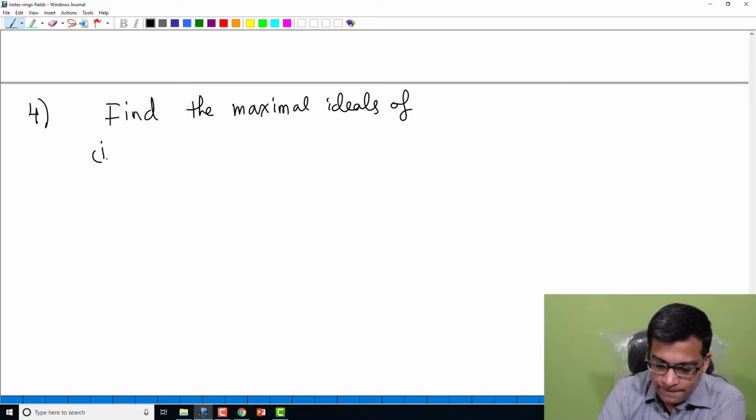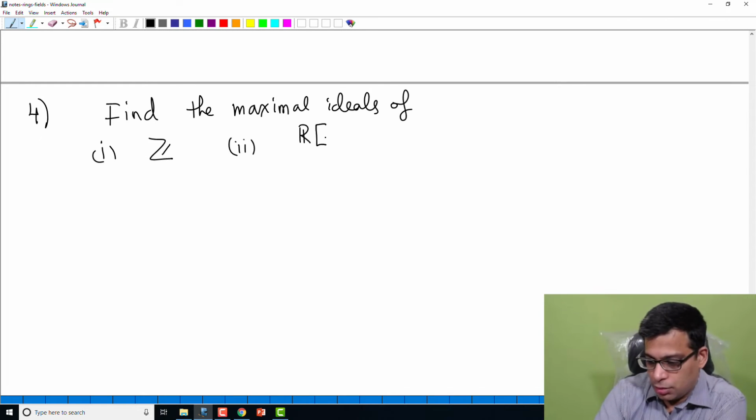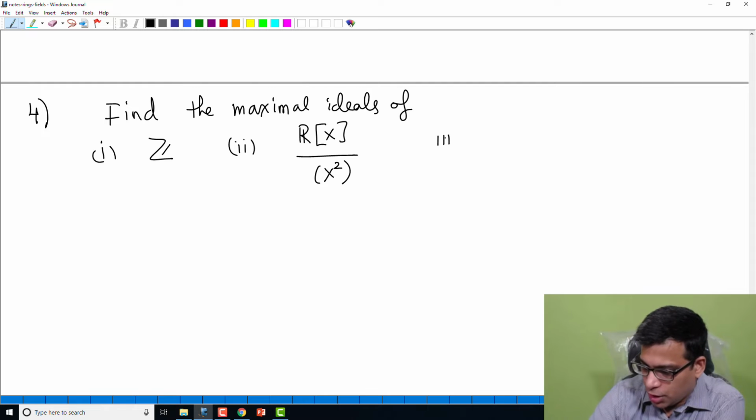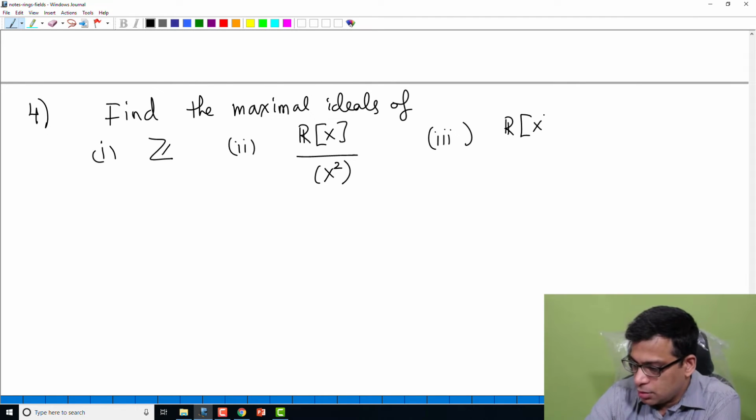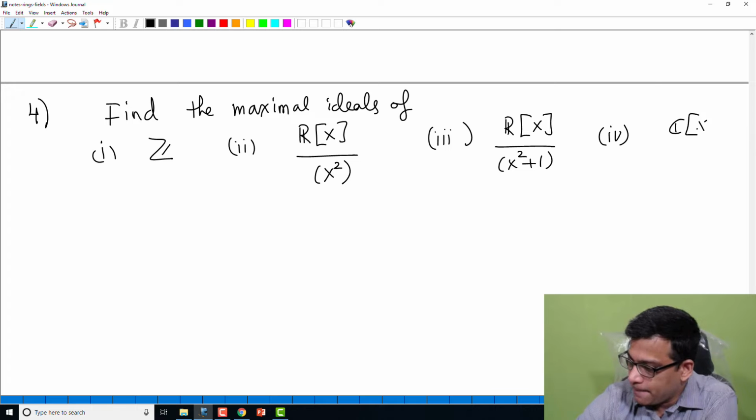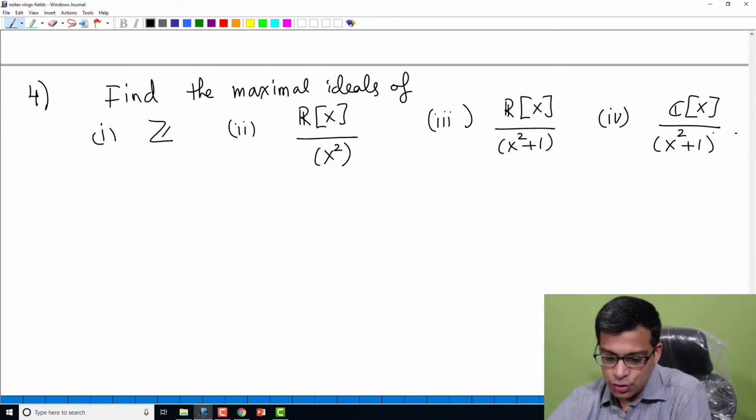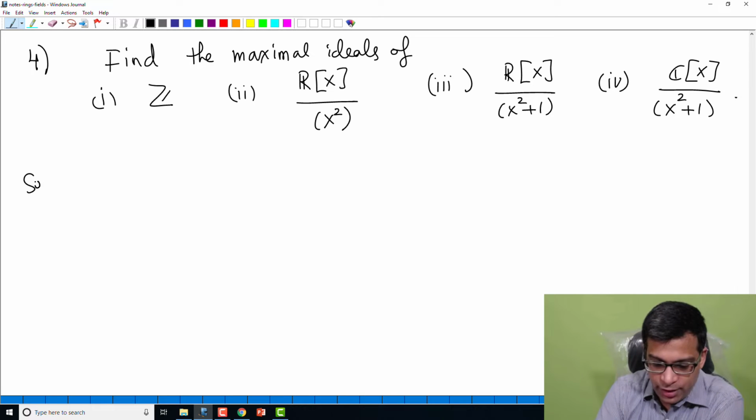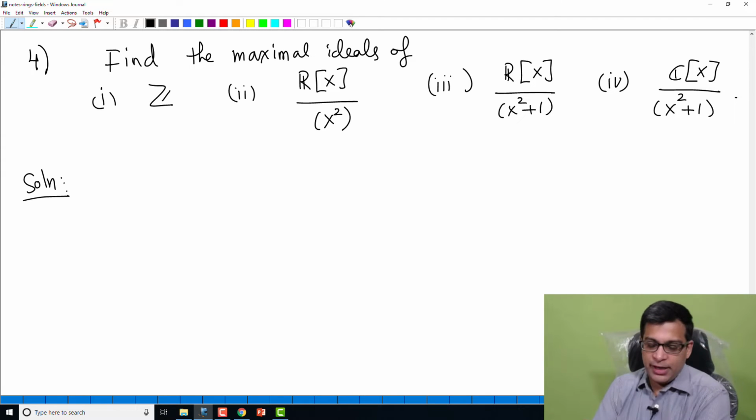So 1, Z; 2, the quotient ring R[x] mod x squared; 3, the ring R[x] mod x squared plus 1; and finally 4, the ring C[x] mod x squared plus 1. Okay, so there are 4 rings here. I want to find the maximal ideals of these.